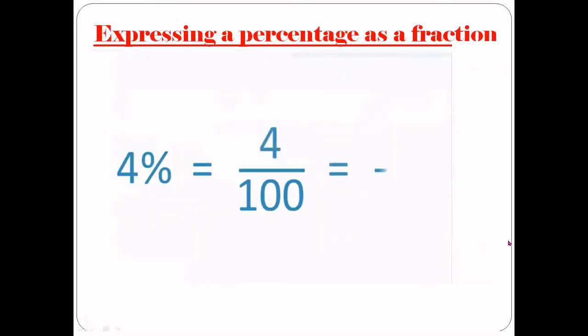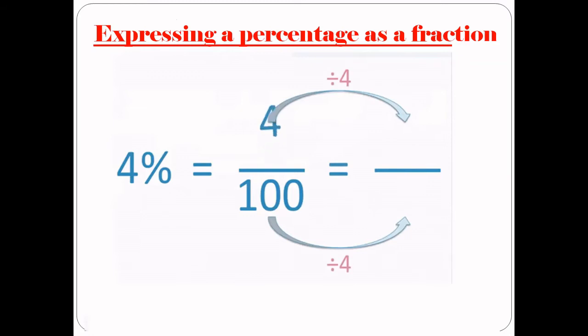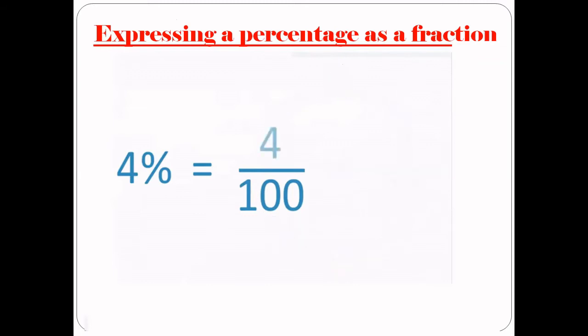Now the next part, expressing a percentage as a fraction. Inverse of the previous one. In the earlier step, we converted fractions into percentages. Now we convert percentages into fractions. Let's see this example.